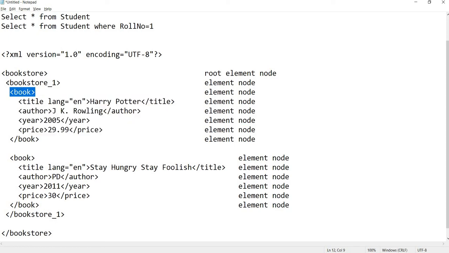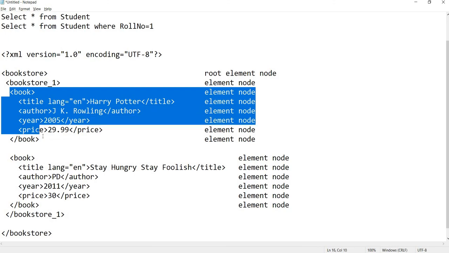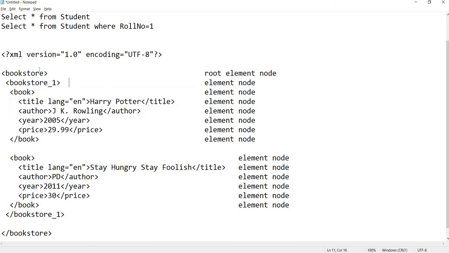Book, bookstore underscore 1 and this bookstore as well, right? Because they are all in the parent hierarchy of these four. But if I specifically say parent of these four, then book is the parent, not bookstore underscore 1 and bookstore, because they are grandparents. So when you say parent, it has to be immediate, and when you say ancestor, it means any level of parent including the immediate parent.